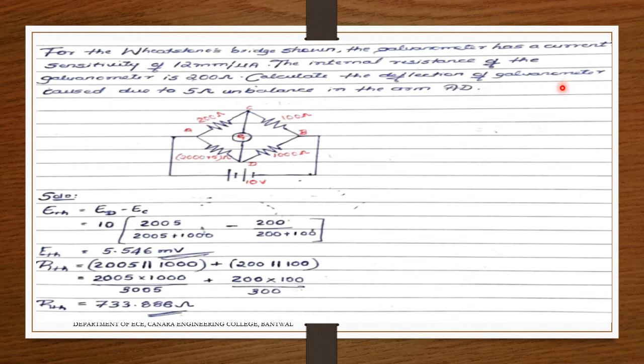Calculate the deflection of the galvanometer caused due to a 5 ohm unbalance in the arm AD. This is the AD. We have to find what is that difference.